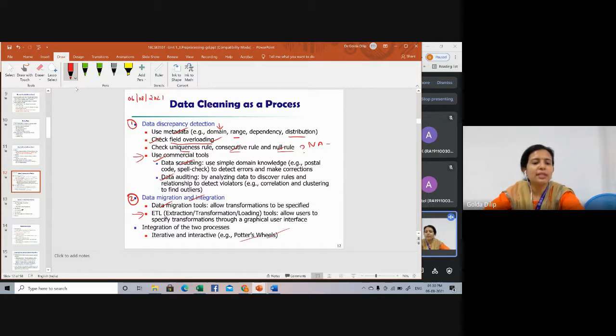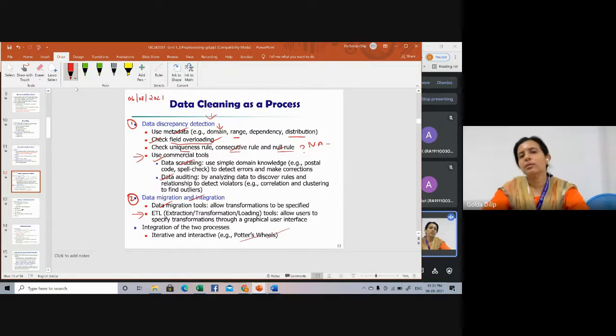It is a publicly available data cleaning tool, and you can check out how to do data cleaning using Potter's Wheel. It integrates data discrepancy detection and data migration and integration, which can be done automatically. The tool will perform discrepancy checking in the background. So that is regarding the data cleaning process.